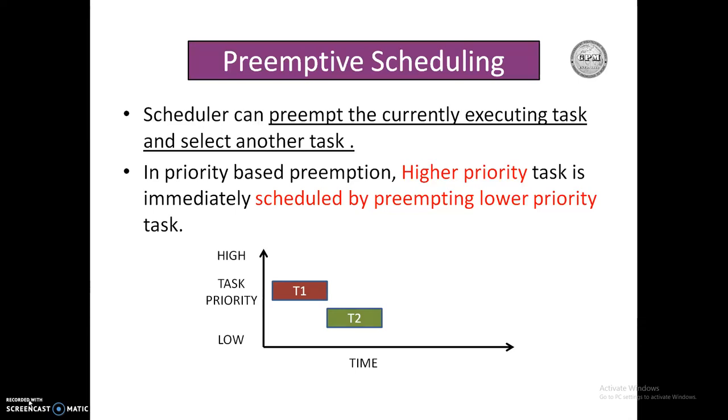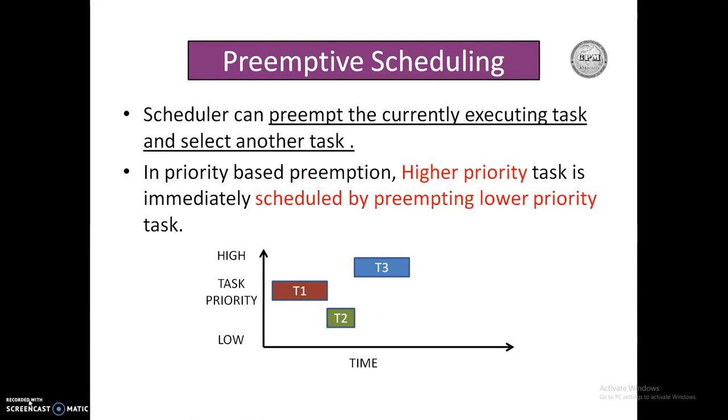So when task 2 is running, task 3 comes, which is a higher priority task. As per priority-based preemption, as task T3 is a higher priority task, the lower priority task T2 will get preempted there itself and task T3 will get executed.